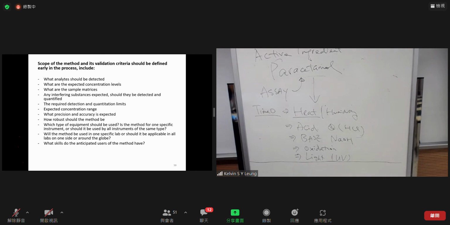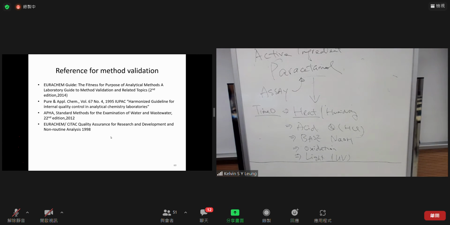You have to think about it at the very early stage when you design your validation, and also when you set your criteria for each of the characteristics specifications. So these are some of the guidelines that you can refer to when you perform the method validation.